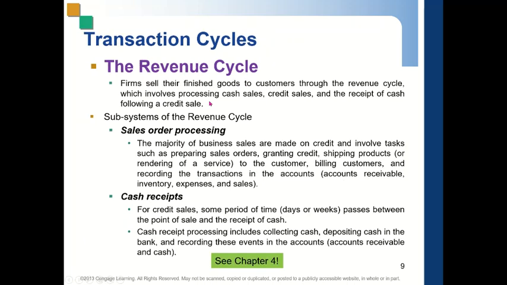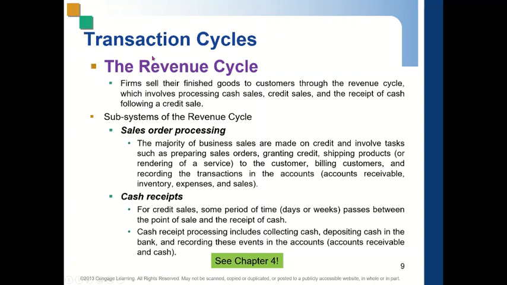And once the product is ready, now of course we want to sell it, and so now we move to the revenue cycle. And all the transactions that relate to us selling our finished products to customers will be grouped together collectively under the revenue cycle.